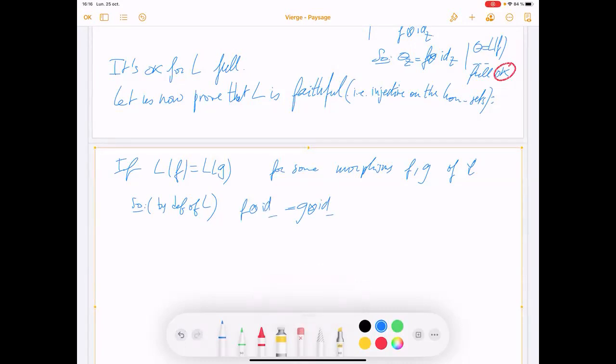In particular, f tensor id1 equals g tensor id1.